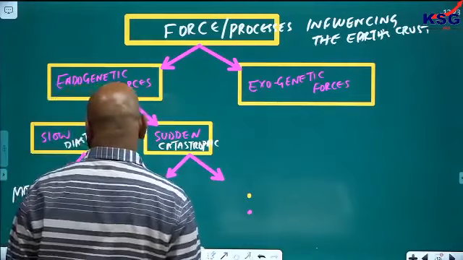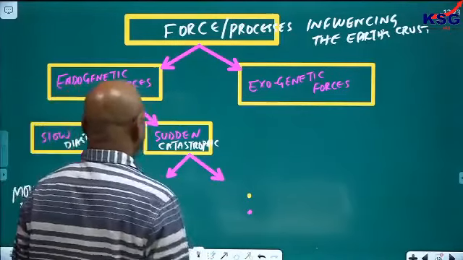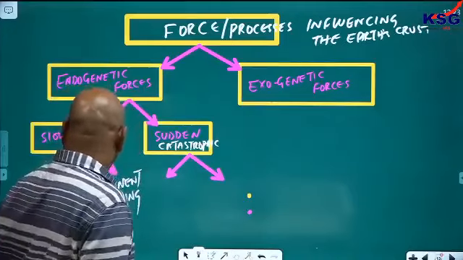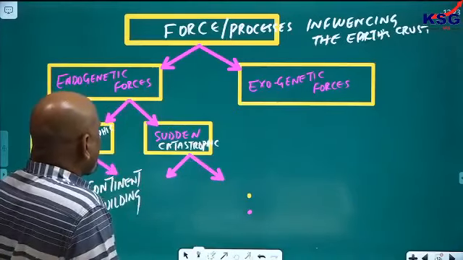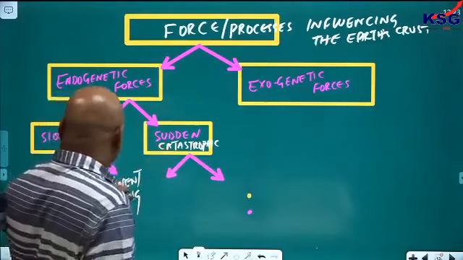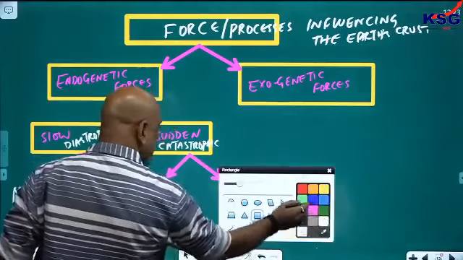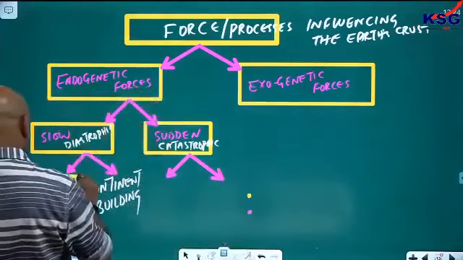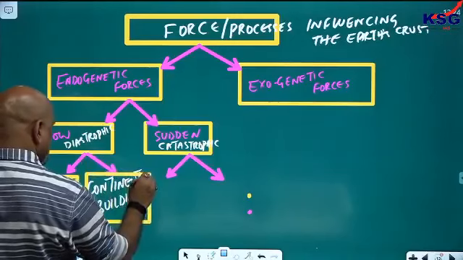Catastrophic, on the contrary, again, as I said, is a sudden force. They can suddenly change the earth crust, so these come under sudden forces. Look, this is mountain building and continent building forces.